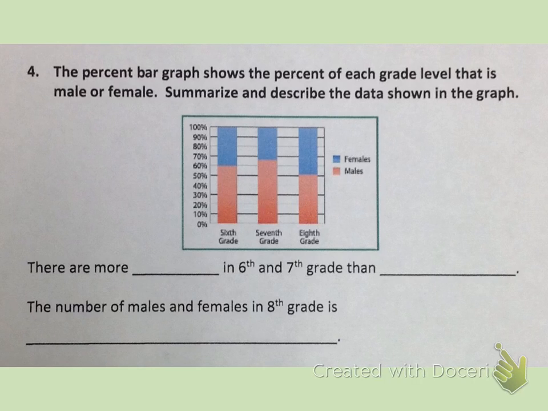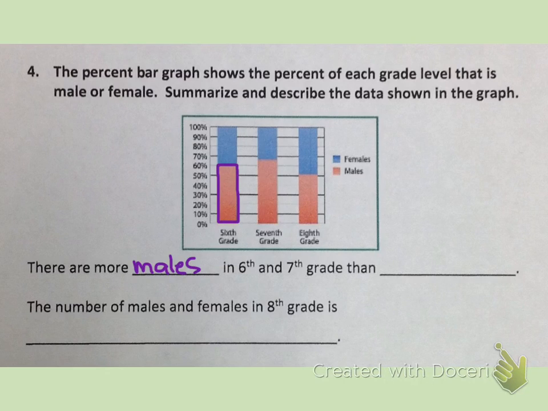So we can look and we can say, okay, well, there are more blank in 6th and 7th. Let's look at 6th and 7th grade. If I look in 6th grade, the bottom portion or the red portion of the percent bar graph is much larger than the top portion or the blue portion. And so that means there are more females, or no, more males. The bottom is males. The red is males.